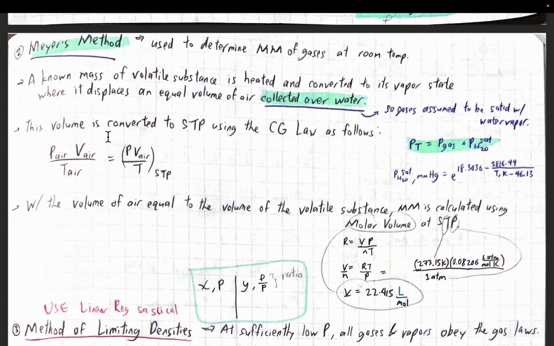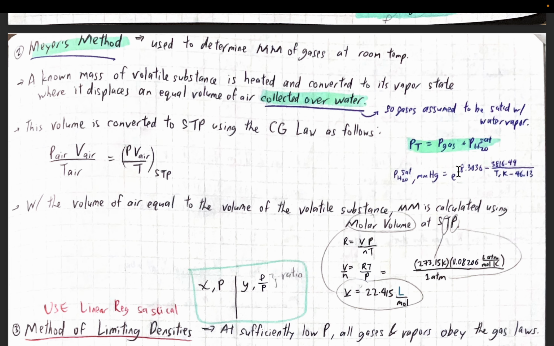PV over T is equal to PV over T. The difference is that this one is for air, this one is under STP. So what is standard temperature and pressure again? Standard temperature, I recall this is 0 degrees Celsius, for pressure that is 1 atmosphere. 0 degrees Celsius or 273.15 Kelvin.